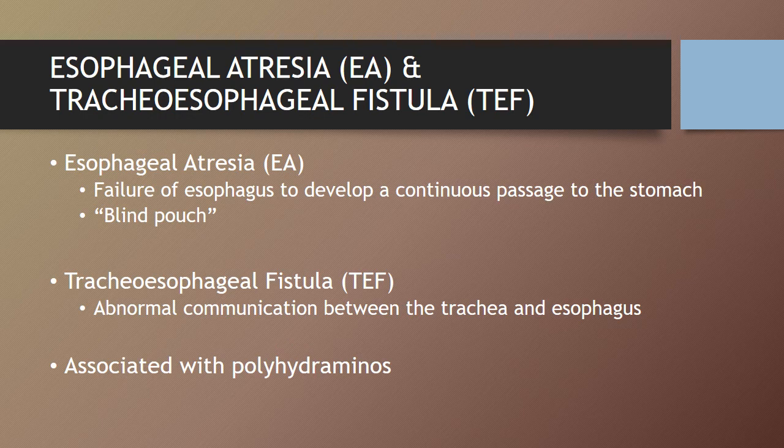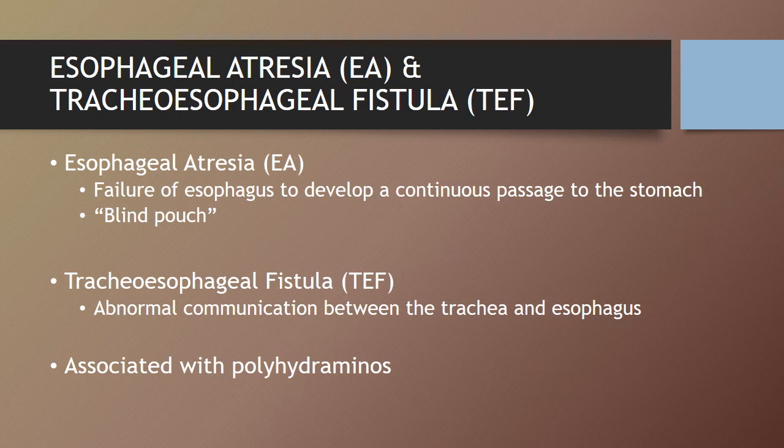And both of these are actually associated with polyhydramnios, which I think y'all probably learned in OB already, but it's excess amniotic fluid in the amniotic sac. So normally when the baby's in the womb, they'll swallow and breathe in the amniotic fluid. But if they have a fistula that's very narrow or restricting that flow, the fistula has a hole between the trachea and the esophagus, then it's not going to allow for this.